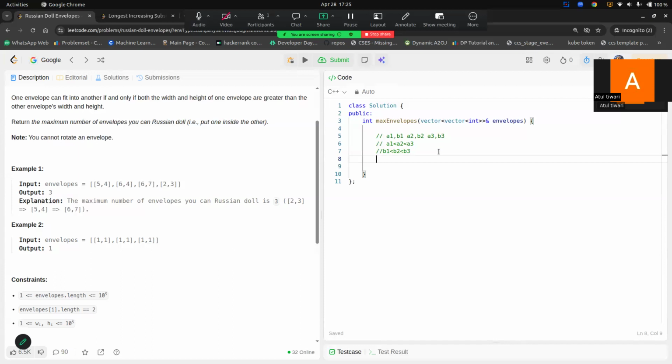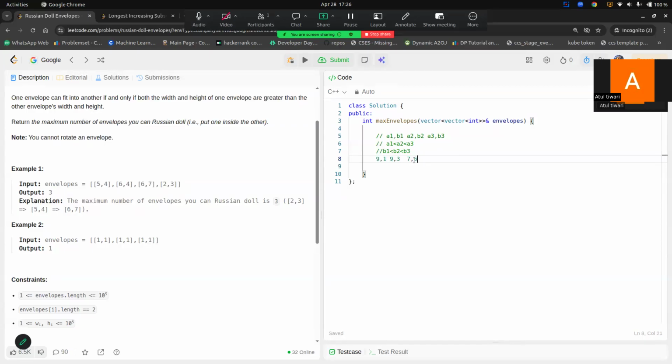Let's find a pair, say AI, BI, where at the end of the sorting I have the largest height. If I have 9,1 and 9,3 and 7,6, I was thinking 7,6 is better, because if we take the 9 but the width is 1, you can't take the other width.